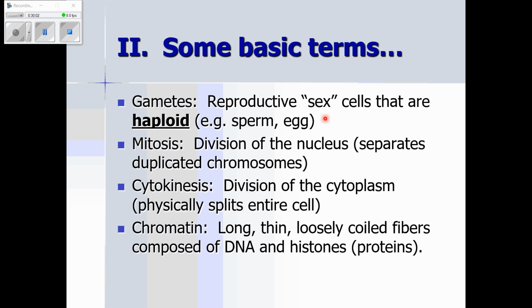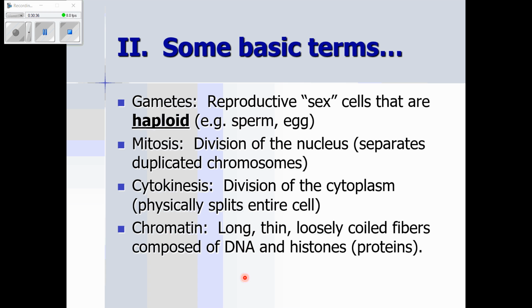One of the confusing parts about this unit is there are a lot of words that sound alike. Chromatin, chromosomes, chromatids. It's enough to drive a biology student crazy. But basically, just to get us started down that road, chromatin, this term here, is the stuff that chromosomes are made of.